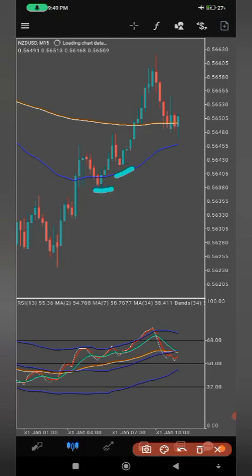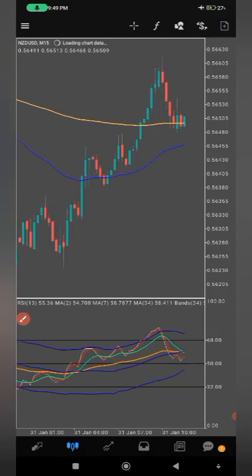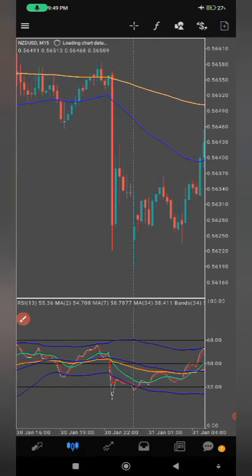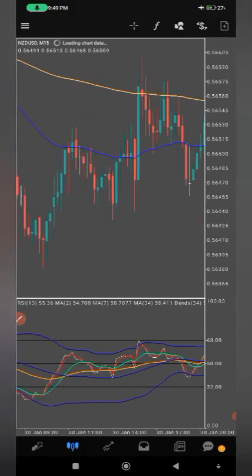We're seeing it. They are engulfing patterns. Even here too, there's another engulfing pattern. So we see that it actually follows the patterns.